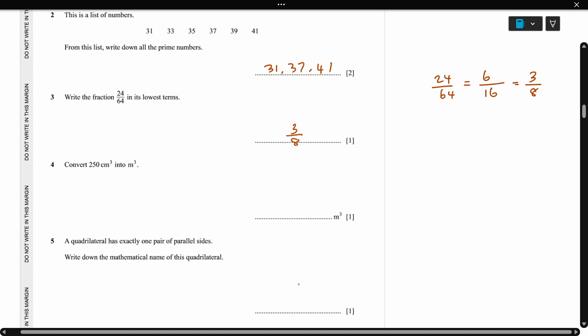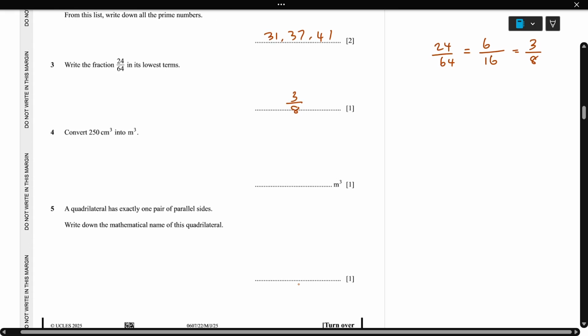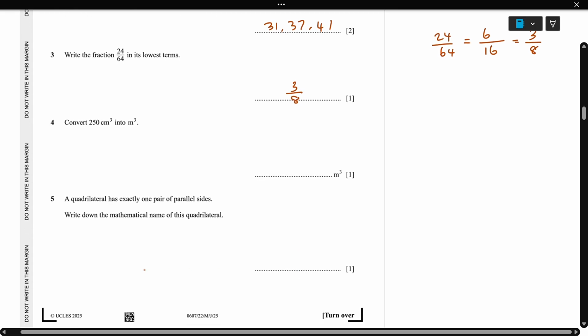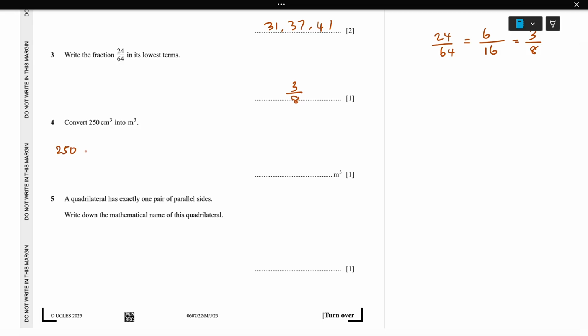Okay, next, convert 250 centimeter cubed into meter cubed. So 250 times, centimeter to meter, because small to big we have to divide by 100.